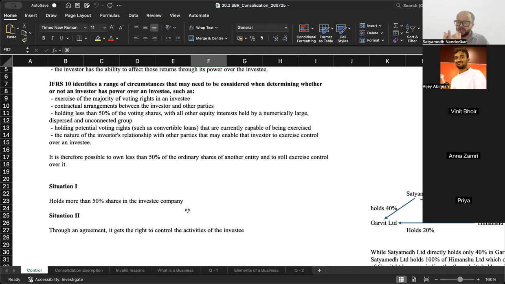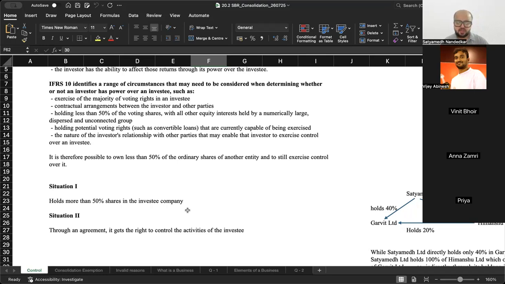It can be slightly out of the money also, but as long as over the long run the business entity is able to get that debenture holding converted into equity, and it has a willingness to do so, and it makes financial sense to do so, then those potential voting rights could also lead to a situation of control, or the nature of the investor's relationship with other parties that may enable that investor to exercise control over an investee.